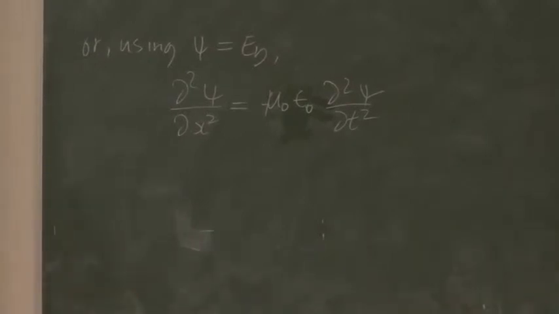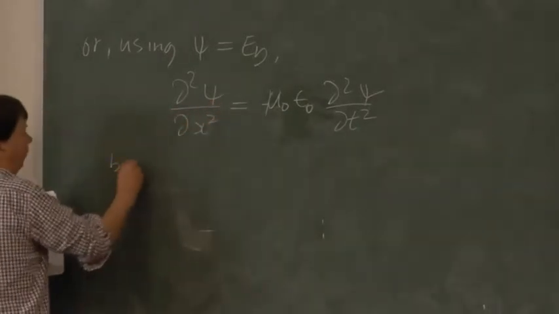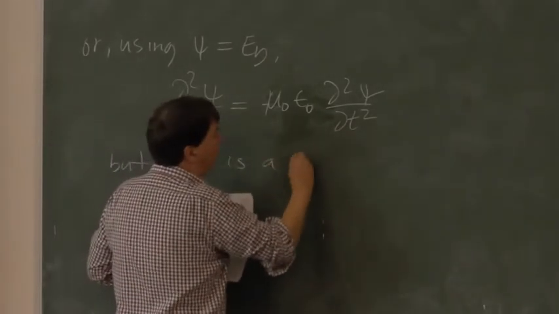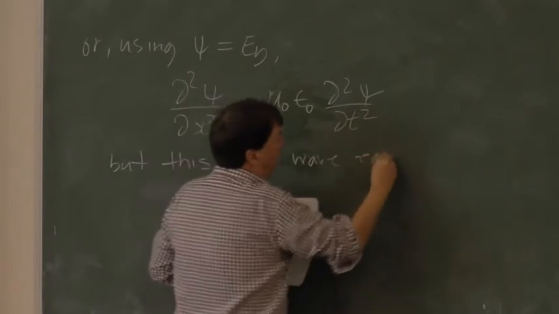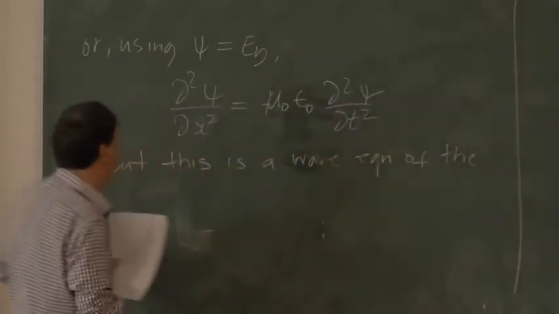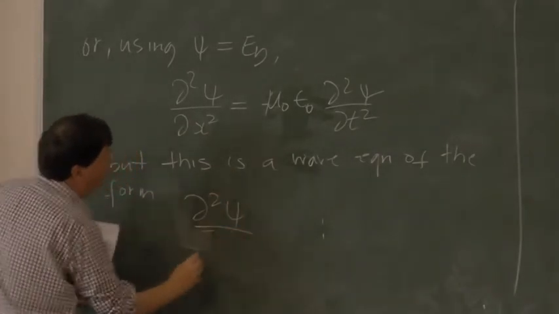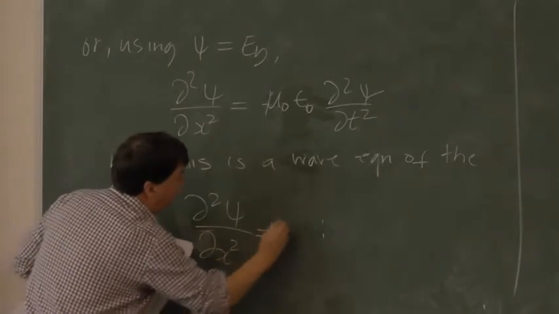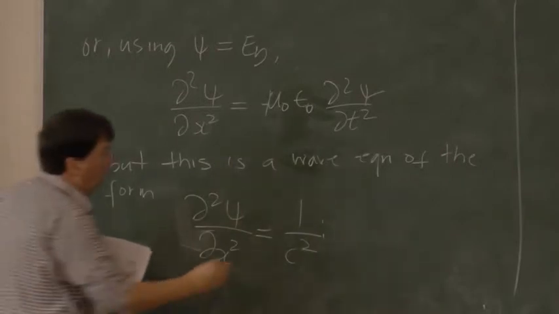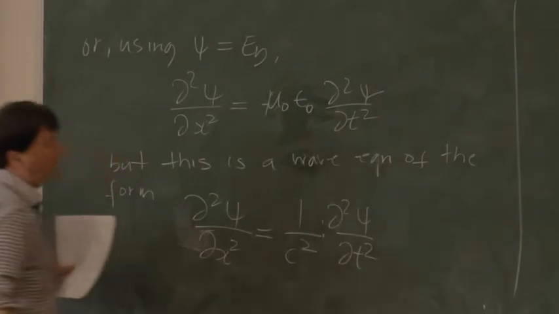The physics gives you this equation, and this is a wave equation of the form d2 psi by dx squared is equal to 1 over c squared, 1 over the velocity of the wave squared, times d2 psi by dt squared.